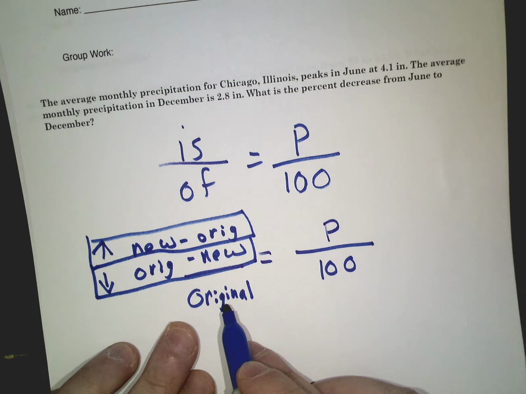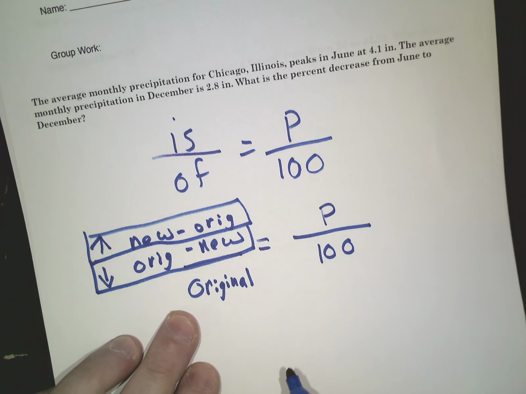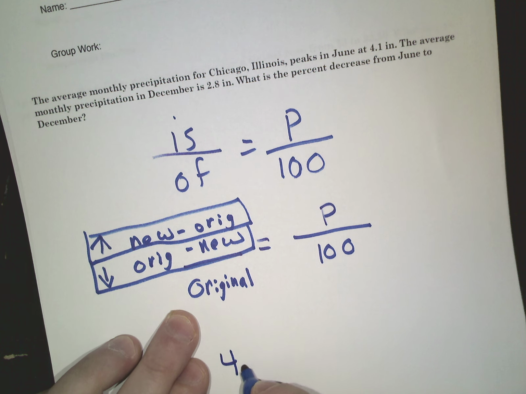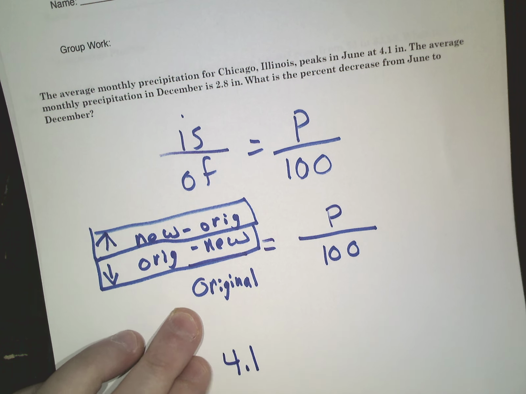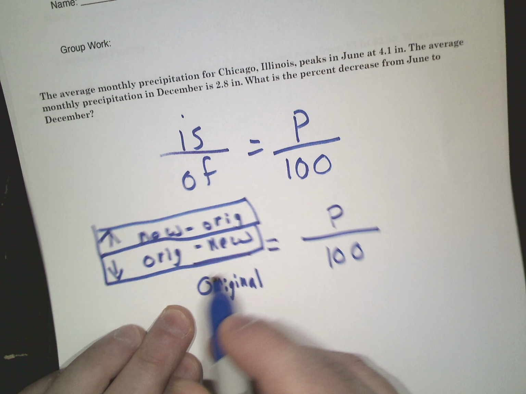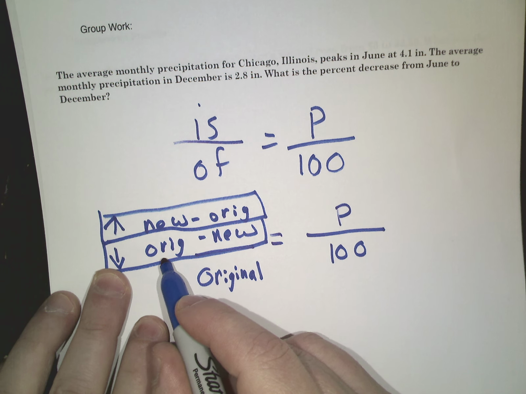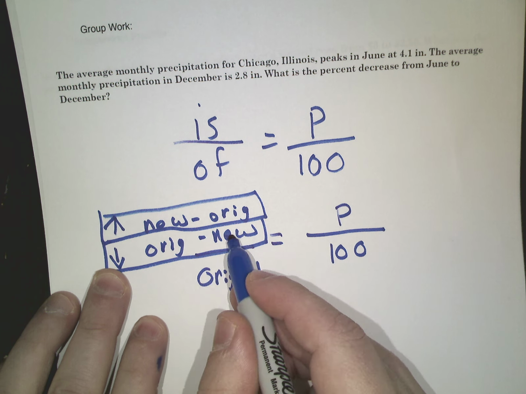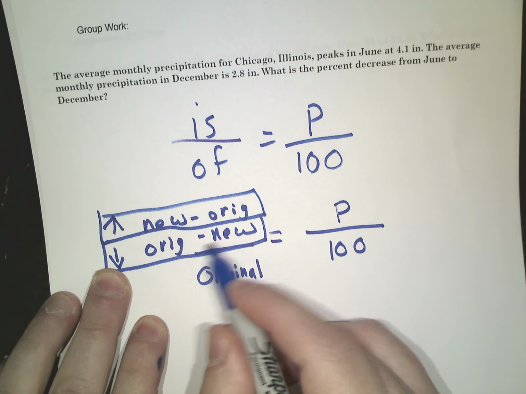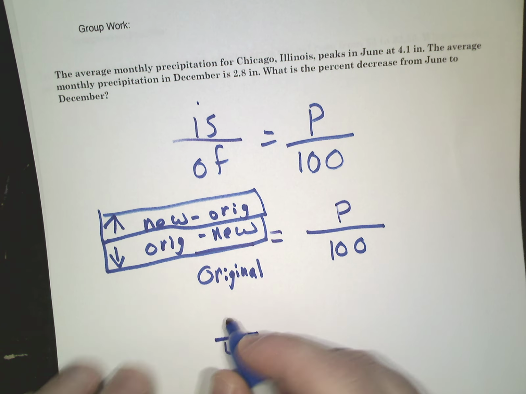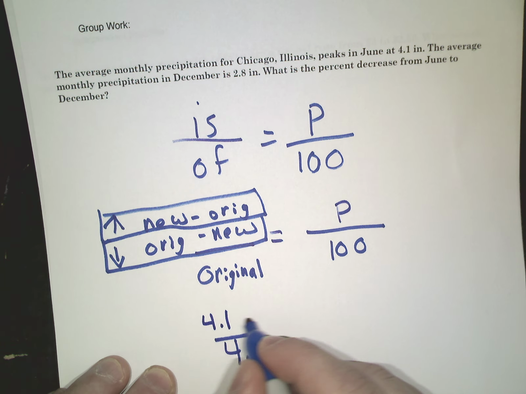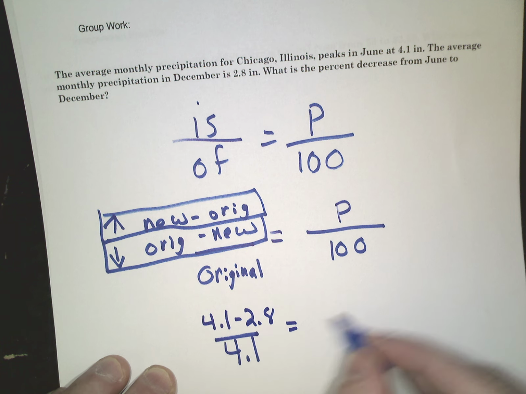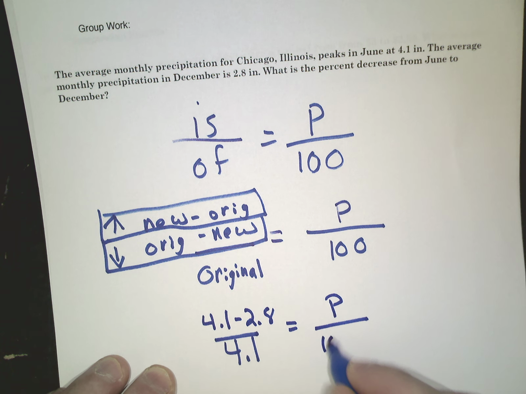So the original amount we're talking about here would be June. Now, they say percent decrease. So decrease says the original minus the new one. 4.1 minus 2.8 equals P over 100.